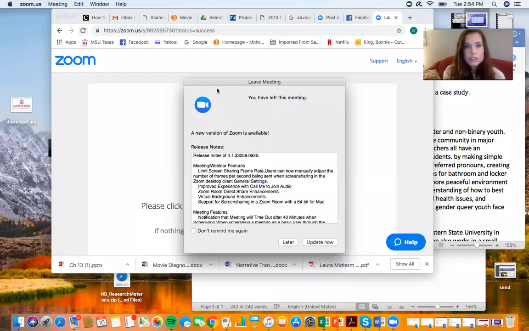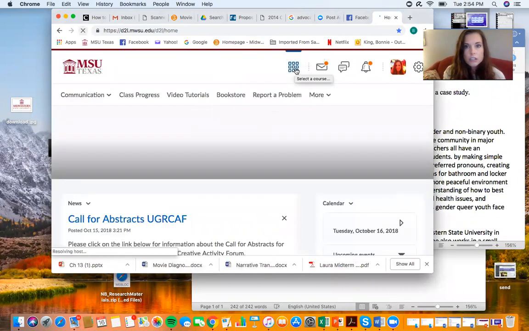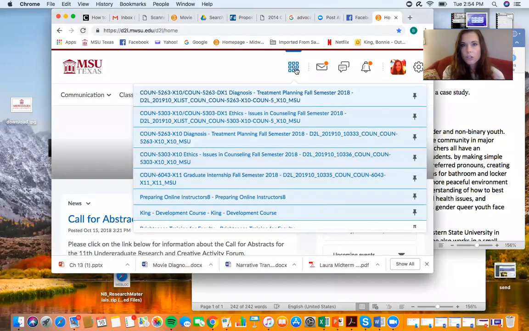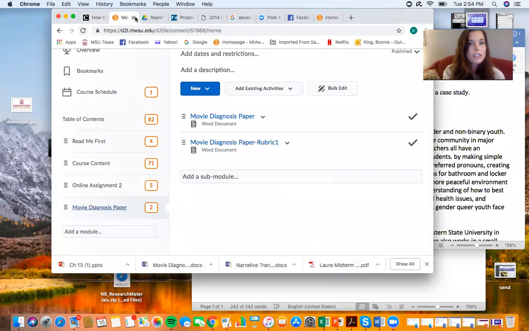I'm going to try and share my desktop and show you. All right, I'll close all these tabs because it's all a little much, except for this one.